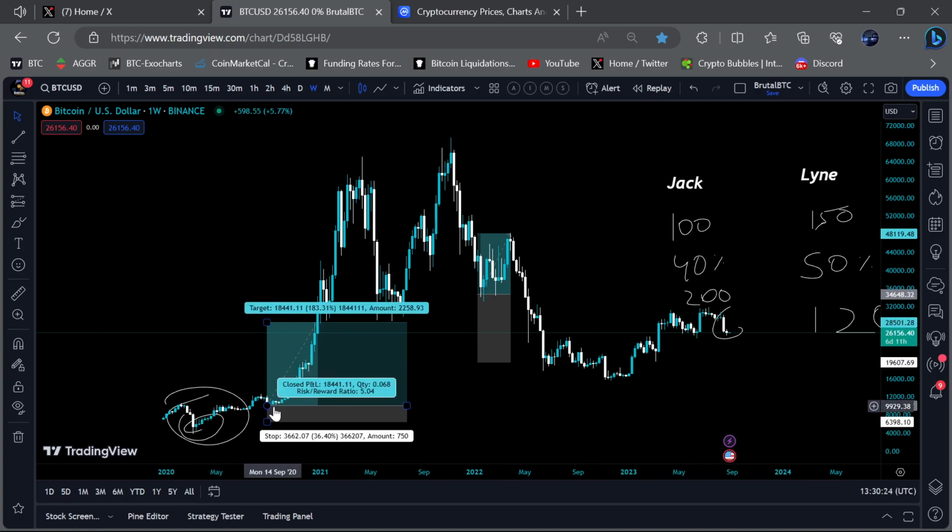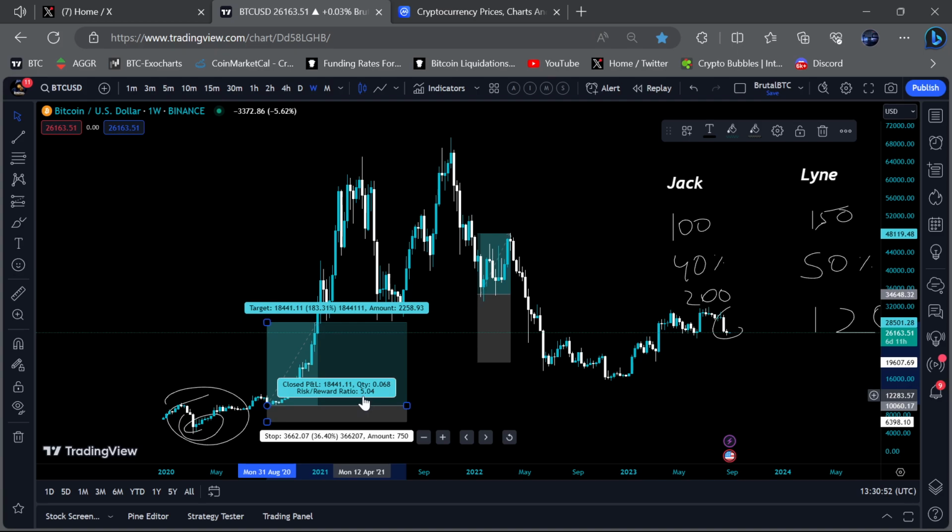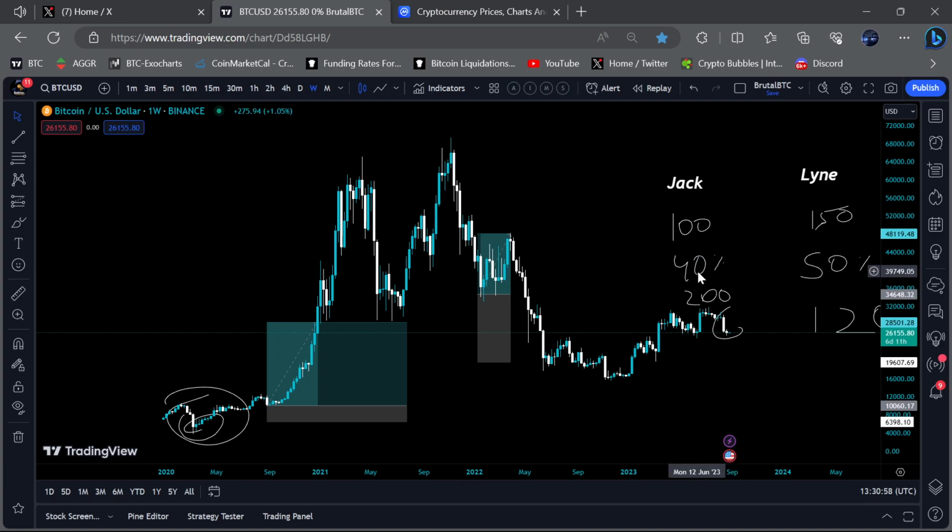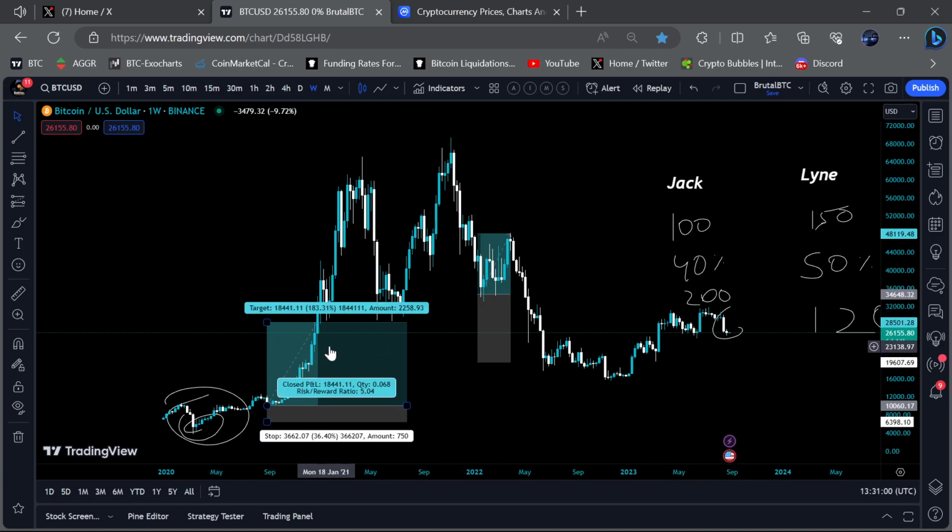Like he is buying over here and he will sell the Bitcoin if the price goes to $3,662, and he will take profit if the price goes to 18,000. So this is a 5 risk to reward ratio. If he is trading this setup with $10, he will lose $10 at $3,662, but he will make $50 extra. Like the risk is $10, the profit is $50, and his win rate is 40%. He will still make a lot of money.